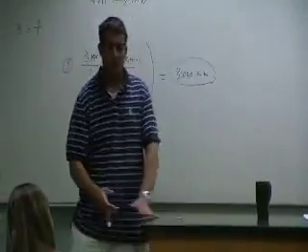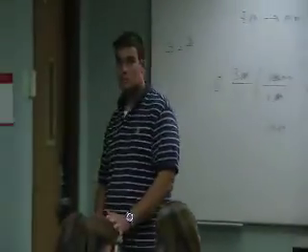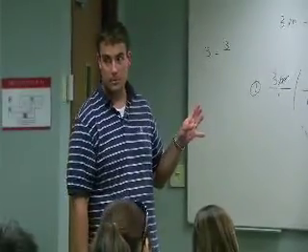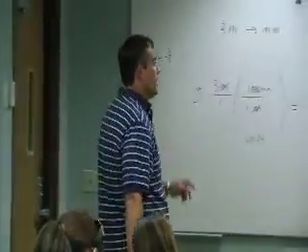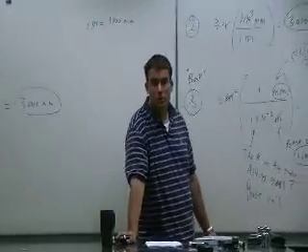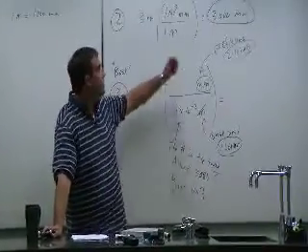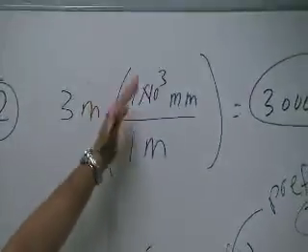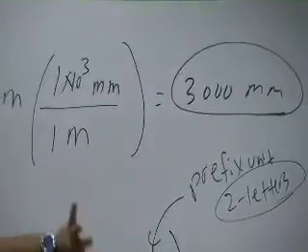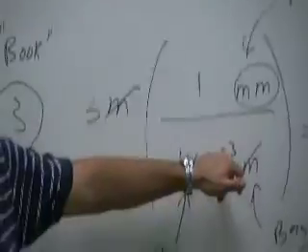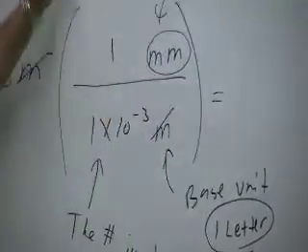You see, it doesn't matter if the single letter's in the bottom or the top. It matters that the number in the table goes with a single letter. Now, what's happened here is something the math people call the reciprocal rule, and that states as follows. If you have a number in a numerator or a denominator, and all you do is flip them, the only thing that changes is the sign on the exponent. So this is called the reciprocal rule.